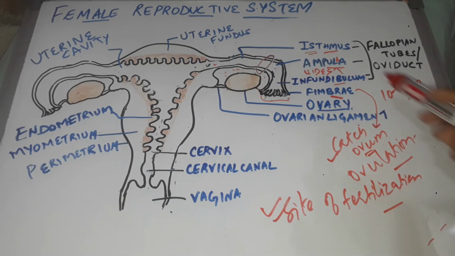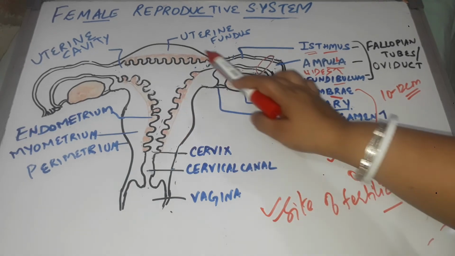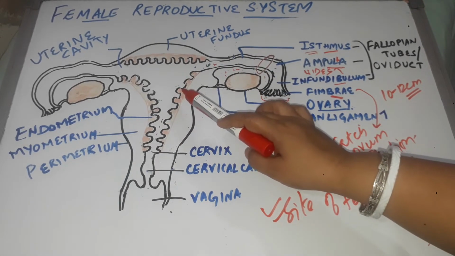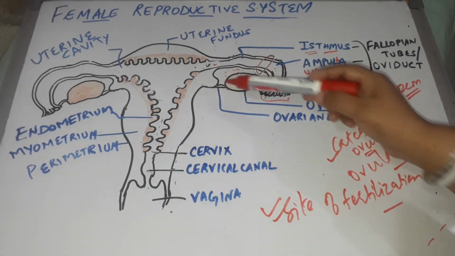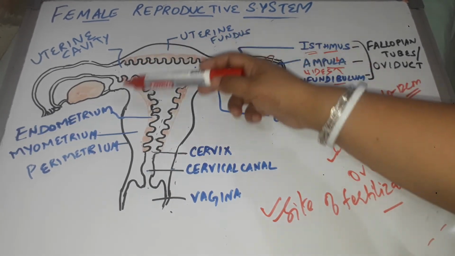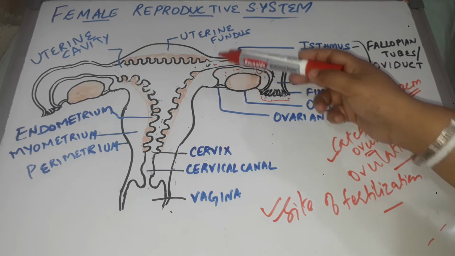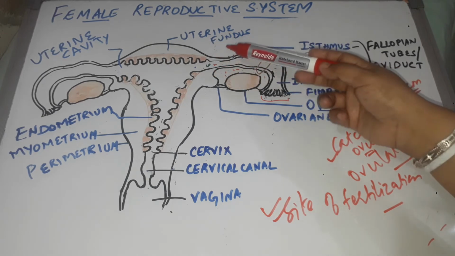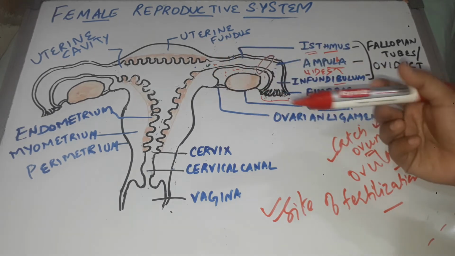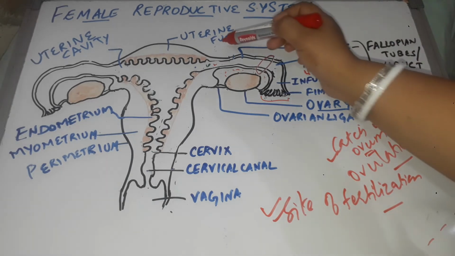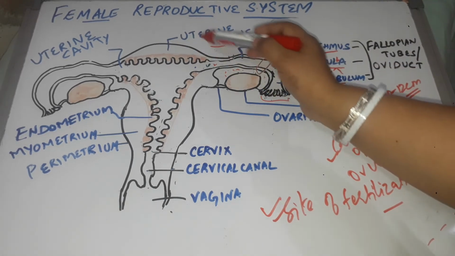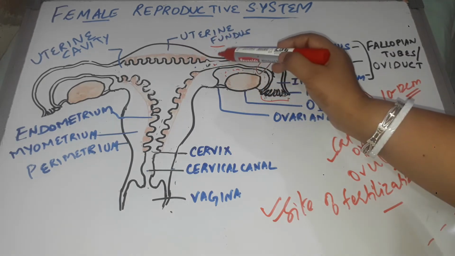After this, the isthmus is continuous with the uterine part of the reproductive tract, and the next portion is the uterus. So the uterus is a single structure. This whole is the uterus, which is a muscular structure, and its shape appears like an inverted pear. It comprises three parts. The upper dome-shaped part is called the fundus region of the uterus.